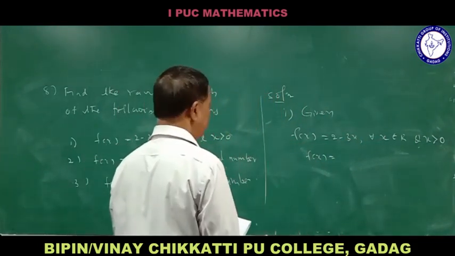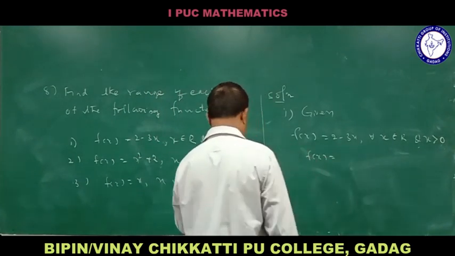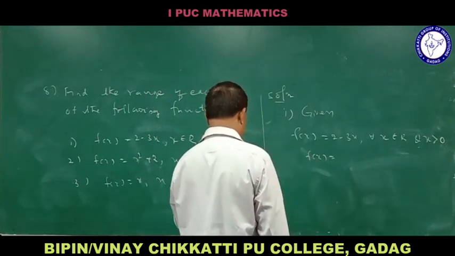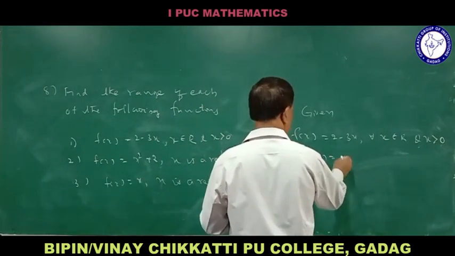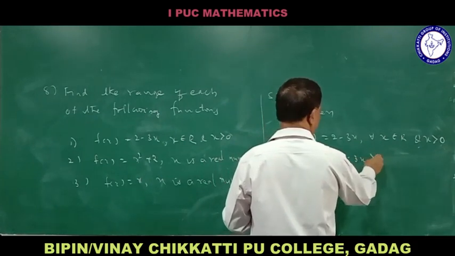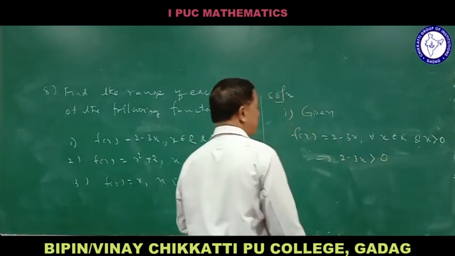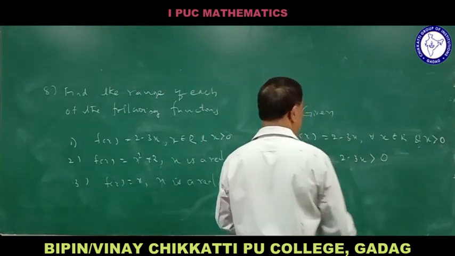And for other x greater than 0, you will get a negative value. So x is greater than 0, f of x, that is, this implies 2 minus 3x is less than 2.